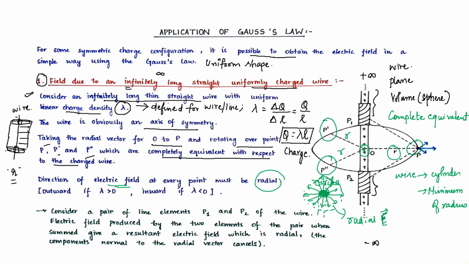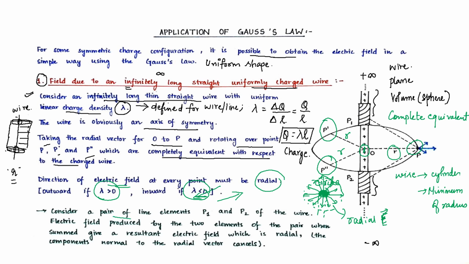It is radial in any case, but it will be outward when the charge density is positive, and it will be inward when the charge density is negative, that is, smaller than 0.